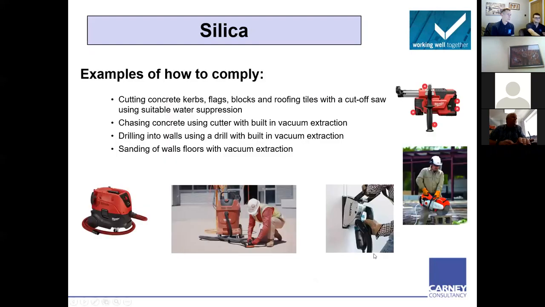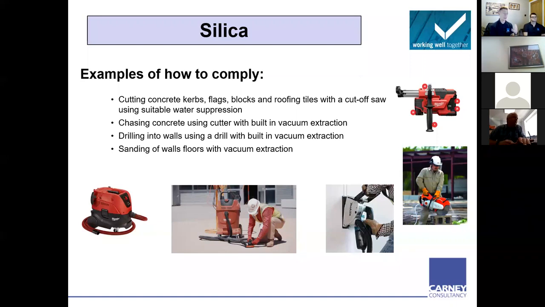Next slide. So examples of how we can comply when it comes to silica dust generally. For cutting concrete curbs, flags, blocks, and roofing tiles, we need to be using suitable water suppression. Something that's effective, something that works, and it's maintained and inspected accordingly. Often you'll see a bottle on site, but it'll have no connection to the actual cut-off saw itself.